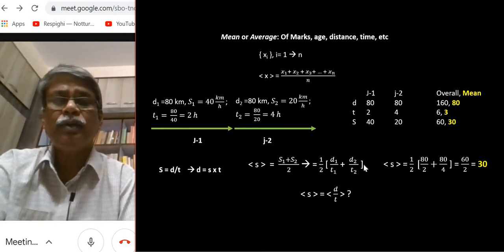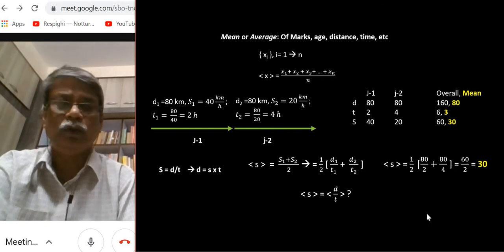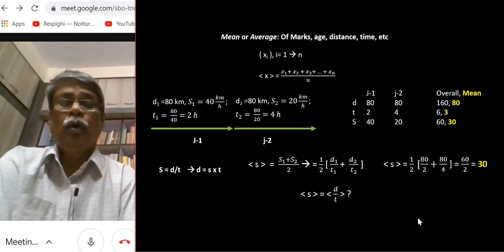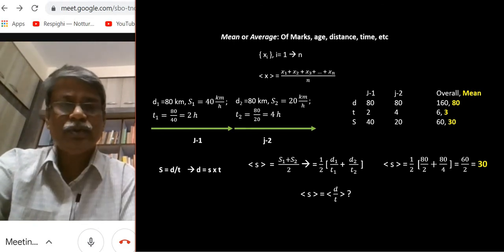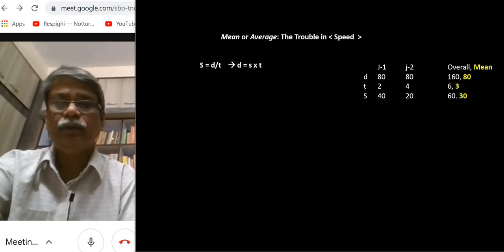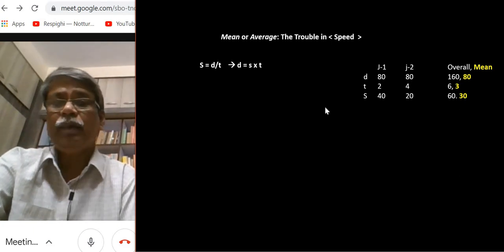If we apply this one, that is half of D1 by T1, 80 by 2, plus D2 by T2, 80 by 4, that gives you 60 by 2, that means 30. That we calculated simply by taking S1 plus S2 by 2, that is 40 plus 20 by 2, 30. So these two formulas are actually equivalent. So we have verified some claims about the average values, but the trouble is there in the speed calculation.